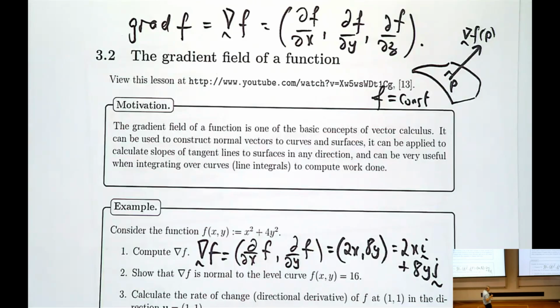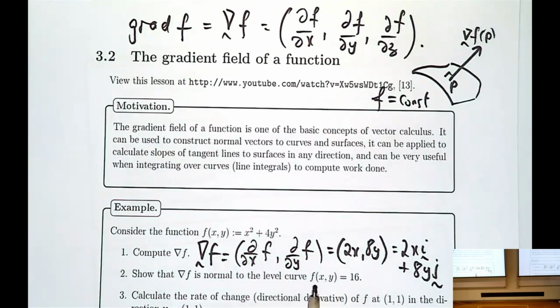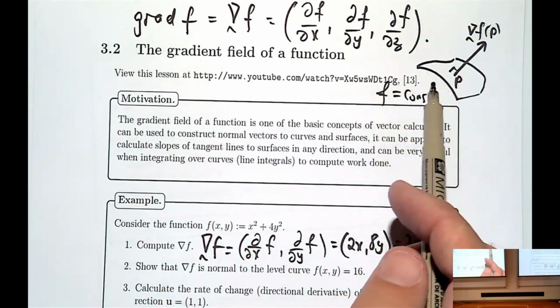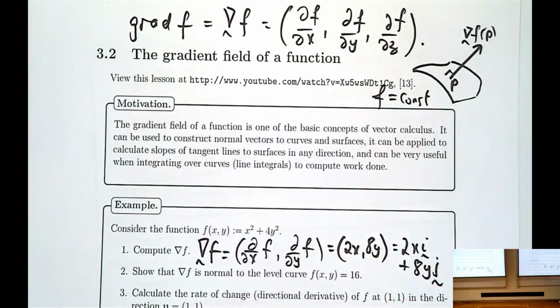All right, the second part of the question is more difficult. Show that the thing you calculated in part 1 is normal to this equals a constant. So here, this surface is just the general layout, but let's make it a little bit more definite now.